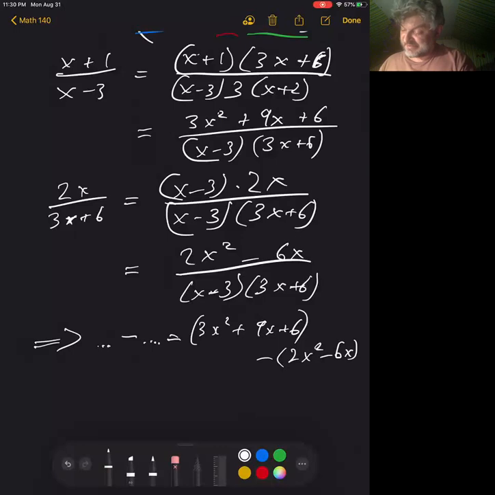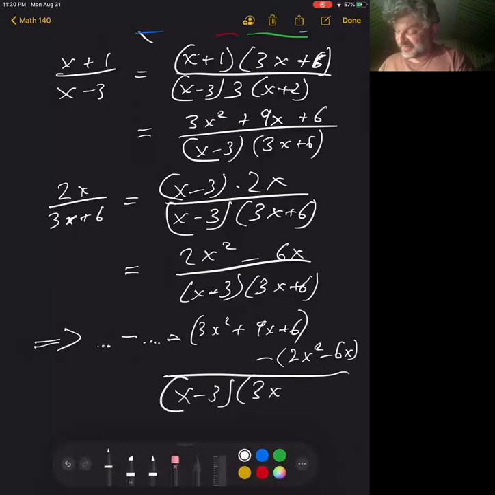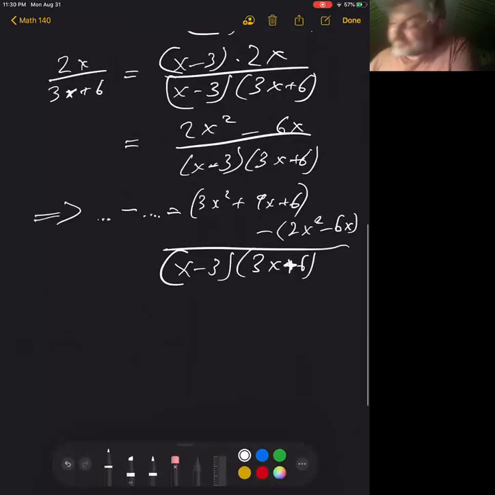And the whole thing divided by, so I squeezed it a bit, x minus 3 times 3x plus 6. It's not yet in the final form. It needs to be subtracted and simplified.